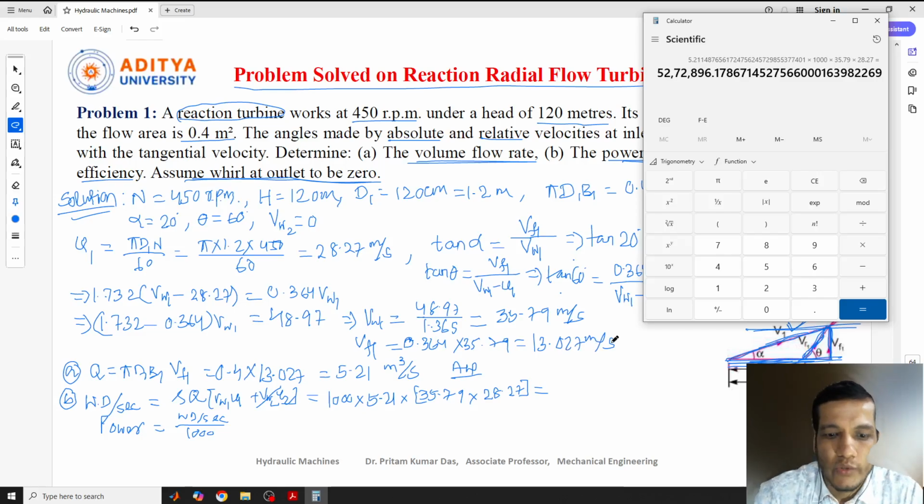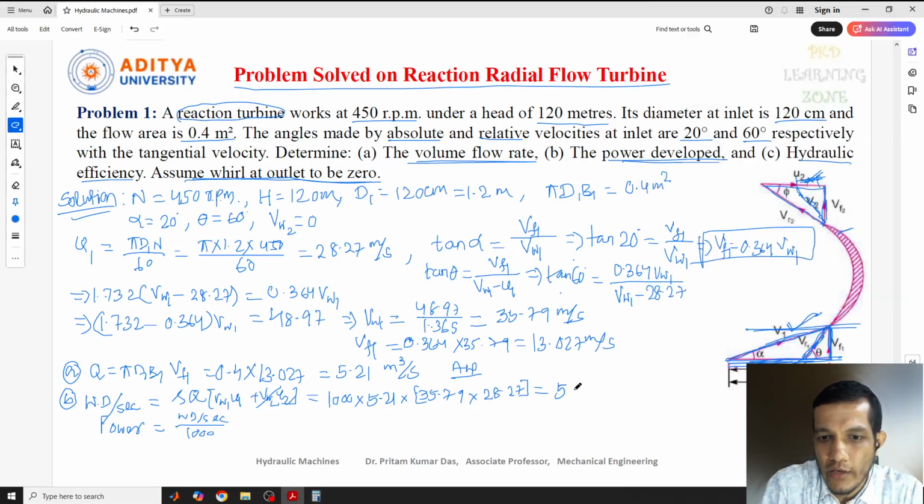We got 5272,896 something, this much Newton meter per second. So same thing I can write in this value here, and finally this is 5272.896, this much kilowatt power.